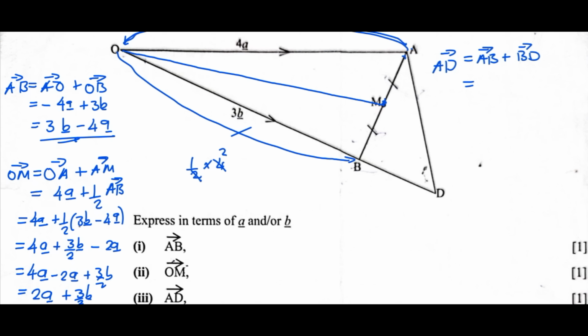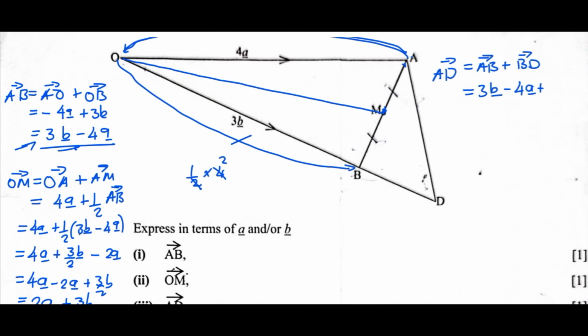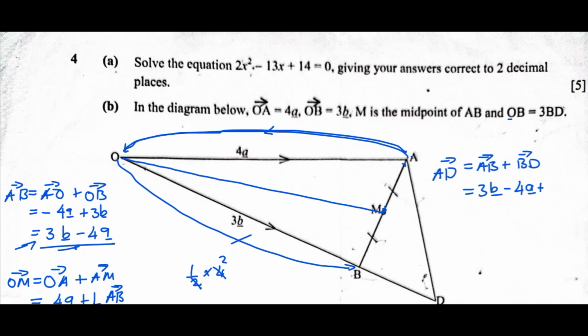What is the vector AB? We have it, this one here, 3B minus 4A. Now we need to find BD. So how can we find BD? Let's look at this one here. So OB is equal to 3BD.